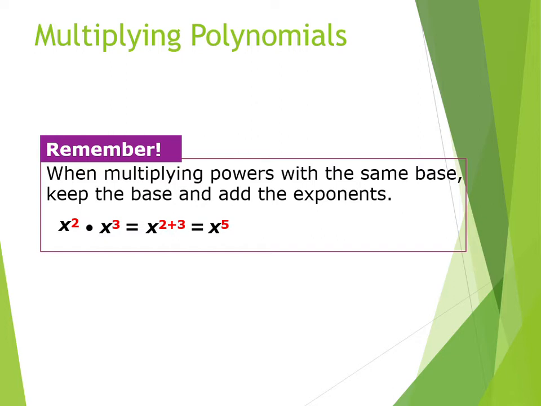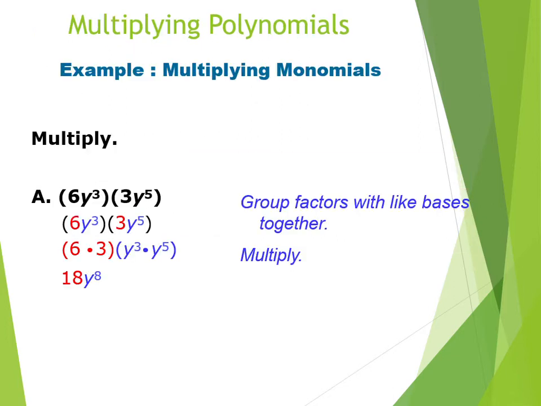To understand more, I have here another example in multiplying monomials. For letter A, let's multiply 6y raised to 3 times 3y raised to 5. Again, let us multiply the numerical coefficients, since we're talking about multiplication here. So 6 times 3 is 18.